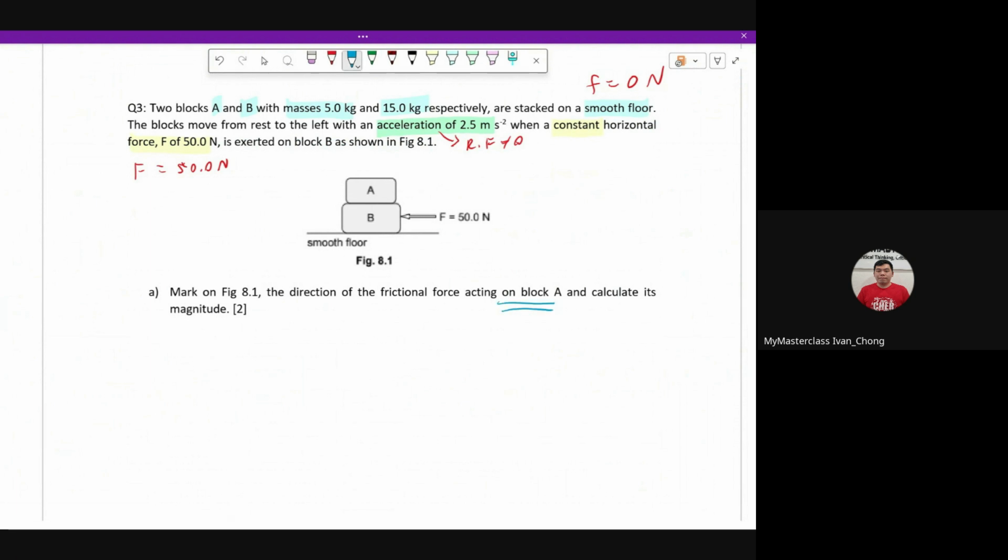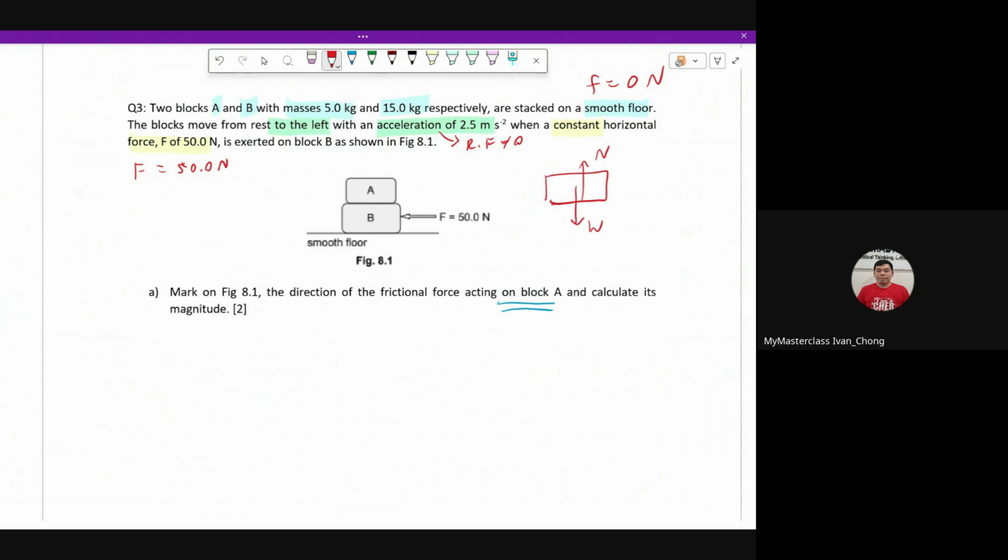So the thing is, when you move like this, B will move to the left, A will also move to the left, right? Because the question tells you both blocks move to the left, which means there must be a leftward force. So if you look at your box A over here, you have weight, you have the normal force from B, and what else? What is pulling you forward?